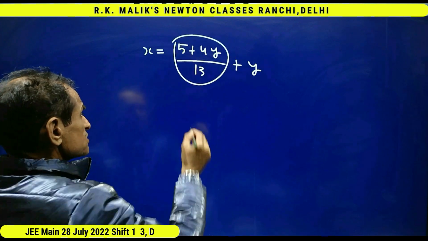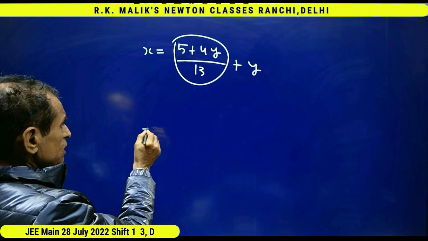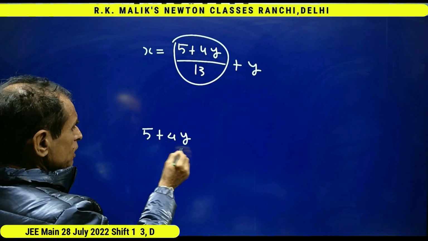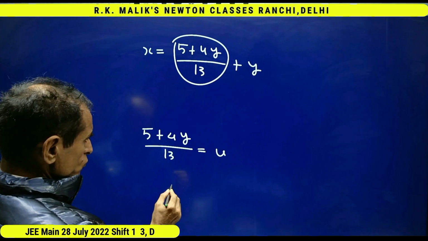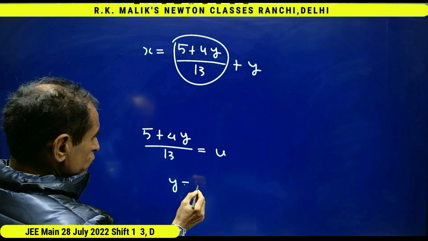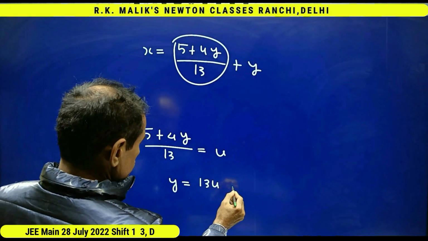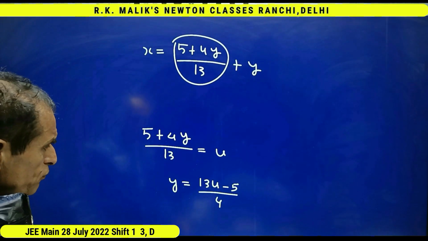Write this as some other variable, say u. Write (5 plus 4y) upon 13 as u. We get y equal to (13u minus 5) by 4.